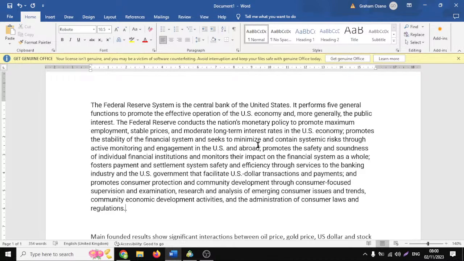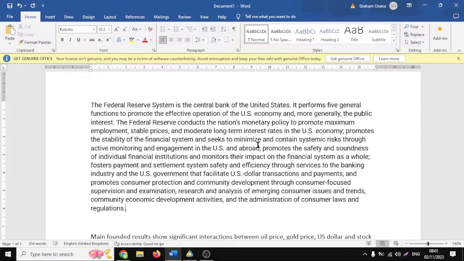It's very wide. It concerns employment, stable prices, long-term interest rates in the US economy, and the stability of the financial system, which seeks to minimize and contain systemic risk through individual financial institutions and monitor their impact on the financial system as a whole.